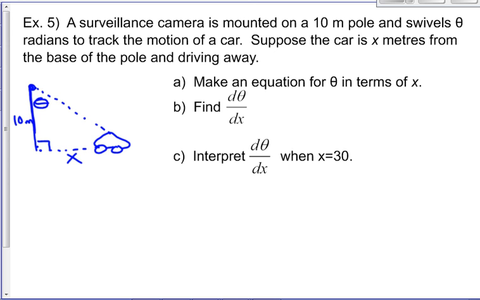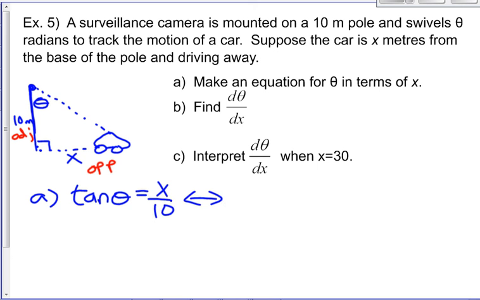So you can see that we know opposite and we know adjacent in this setup. So the obvious choice would be tan. Tan theta is x over 10. Or theta is the inverse tangent of x over 10.